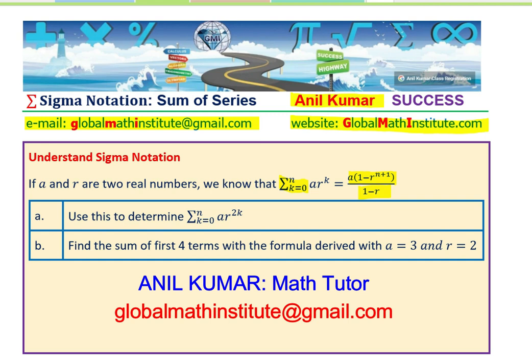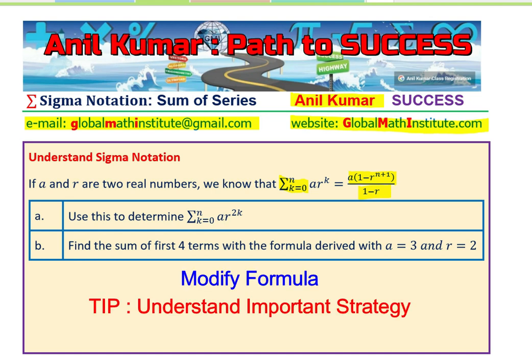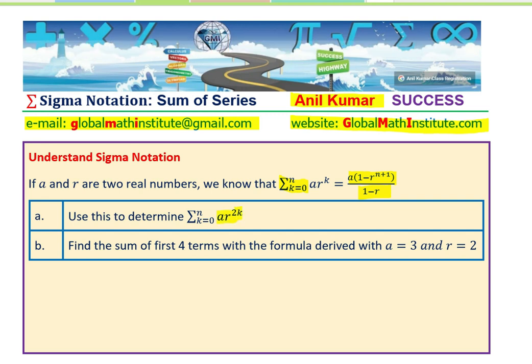You have seen this formula as the sum of a geometric series for n plus 1 terms, right? Great. Now, given this formula, we need to find another formula for an expression where sigma is from 0 to n for a r to the power of 2k.